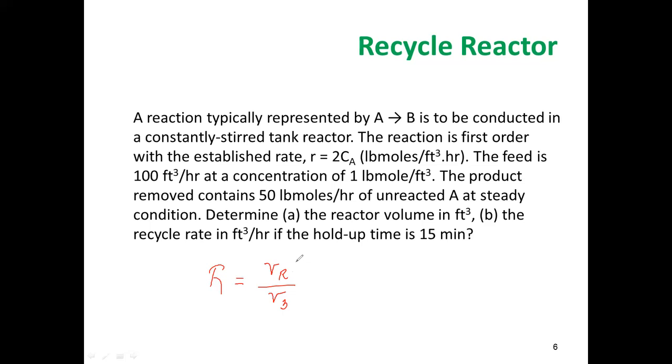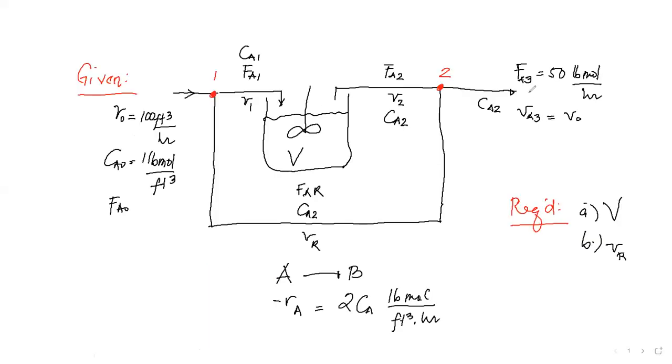What is this V3? That's the final volumetric flow rate leaving our system. So I will show to you in our solution that this is our V3, where this one is VR. So the volume returned to the reactor feed entrance divided by the volume that leaves the system. That's our recycle ratio. So it's different than the recycle rate.